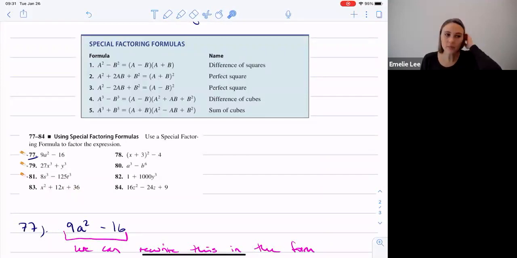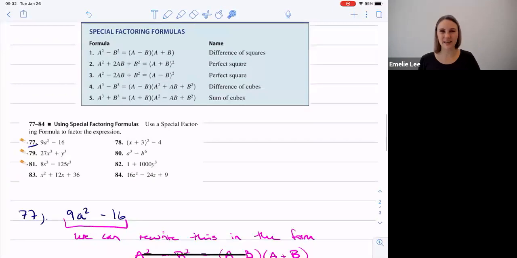But try these, right? Try to match these up with the special factoring formulas, because the more you do, the quicker you'll see the patterns and you'll be able to apply these. But like I said, they're not always obvious.